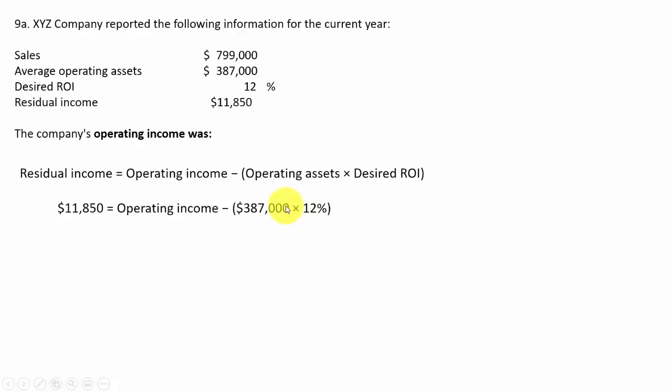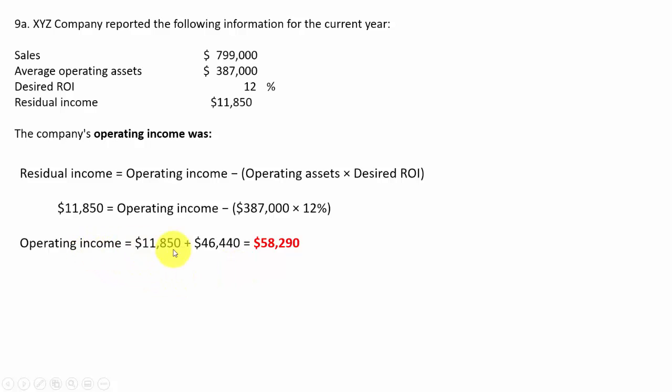So if residual income is $11,850, and if the desired profit that we should have made was $46,440, then we know that the operating income has to be more than this $46,440, which will be as follows.